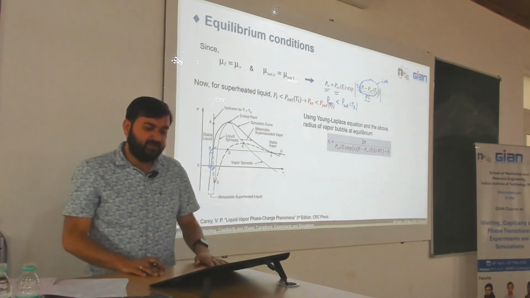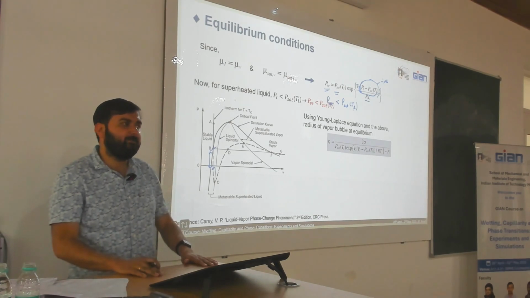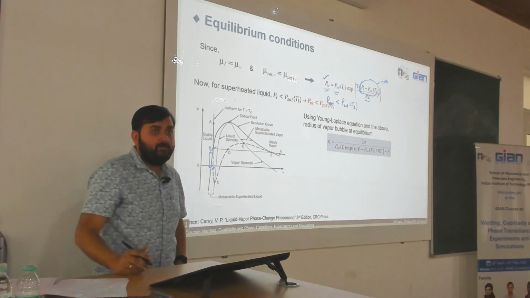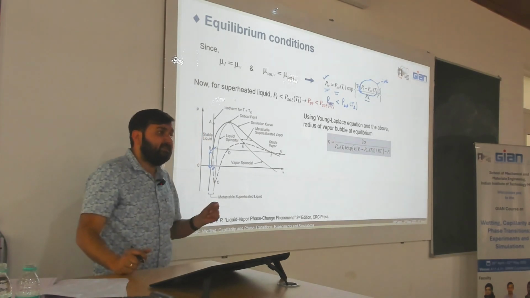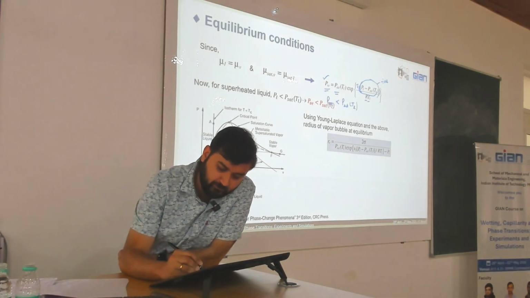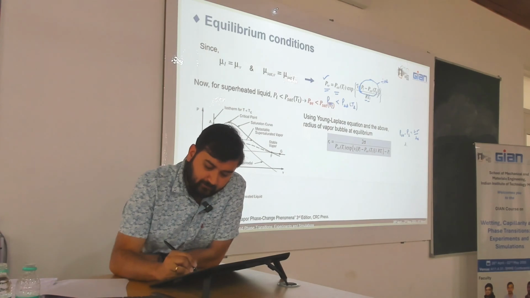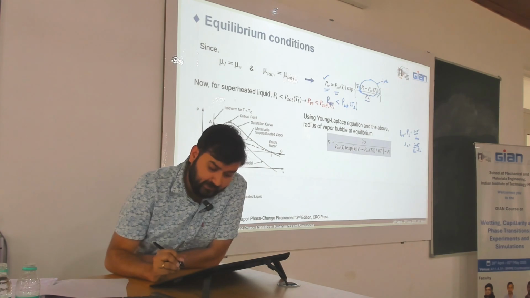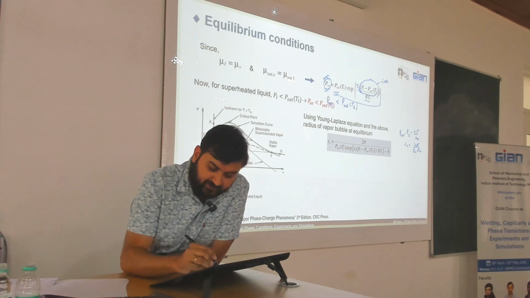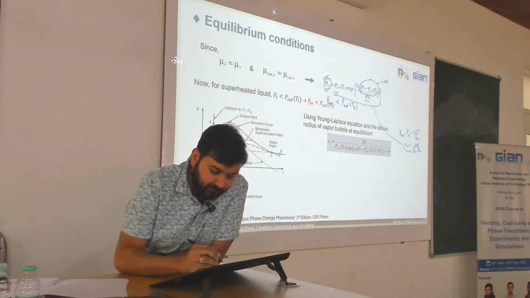Now next is using the Young's Laplace equation, which is PVE minus PL is equal to 2 sigma by R, and then this expression for PVE, we can find the bubble radius at equilibrium. So using this, we can simply use PVE minus PL is equal to 2 sigma by R at equilibrium. Then R equilibrium would be equal to 2 sigma by PVE minus PL, and maybe we can put the whole expression for PVE here, and then we'll end up with this term.